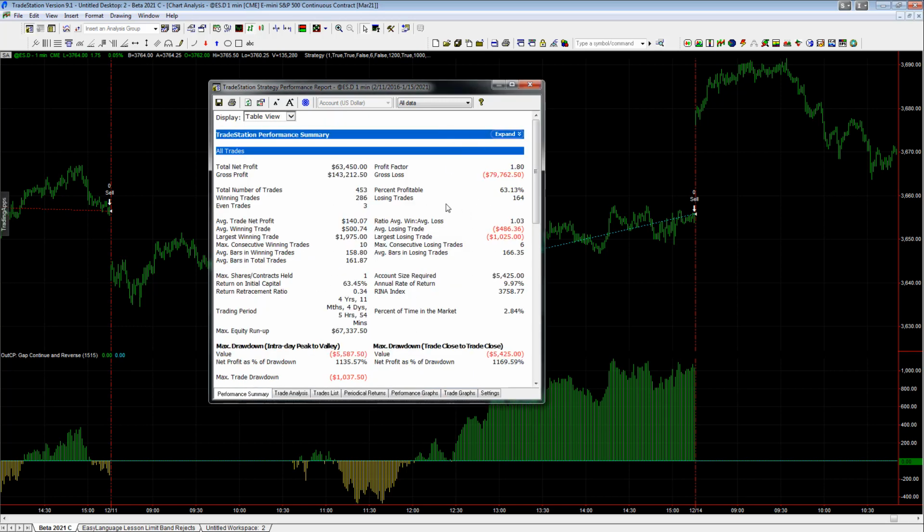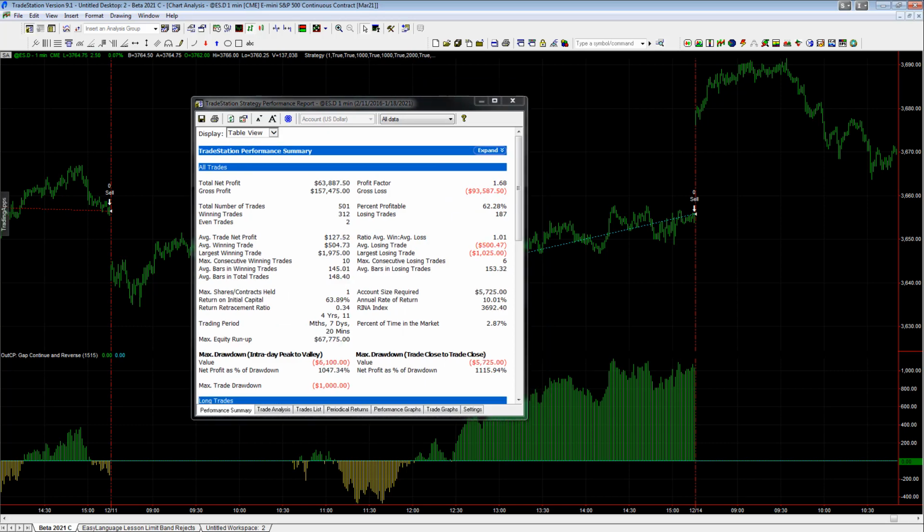I'm going to go back to the original strategy so you can see the difference and address the question of optimization. Here's the backtest difference between the two. The total net profit is different: the new version is 63,887 versus 63,450. There are 48 trade differences, 501 more trades versus 453, and so the average trade profit is $13 less.